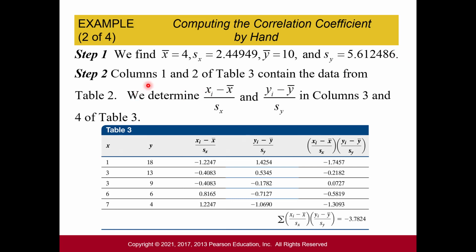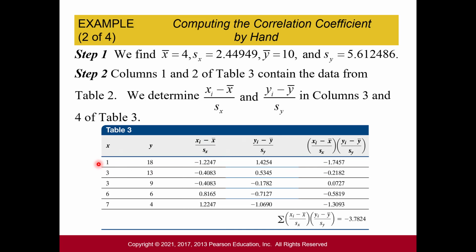So next, columns 1 and 2 of our table contain the data from our original table. And then what we want to do to figure out our correlation coefficient, and notice we're doing this by hand, but in the future you can use technology, is find 2 values ahead of time, and then multiply.